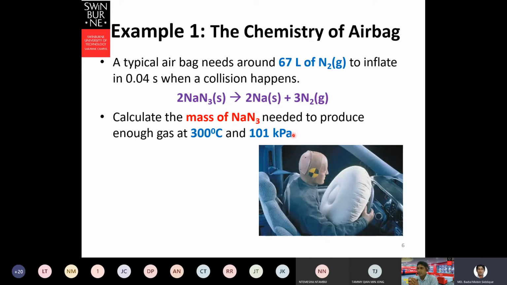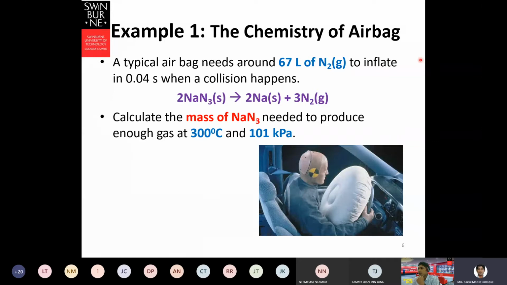So we have to find out how much sodium azide I should be using to get 67 liters of nitrogen gas at 300 degrees centigrade. We have to remember that it is not asking us at room temperature, but at 300 degrees centigrade and 101 kilopascal, or 1 atmospheric pressure.